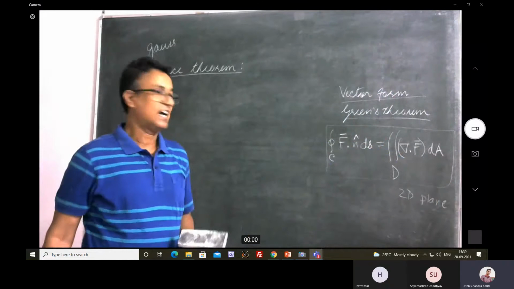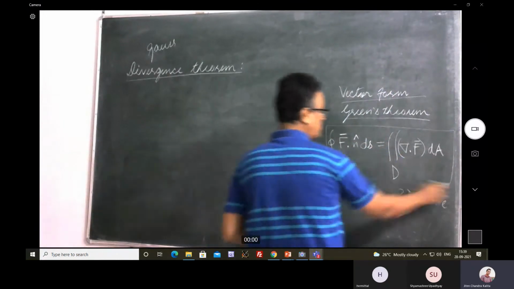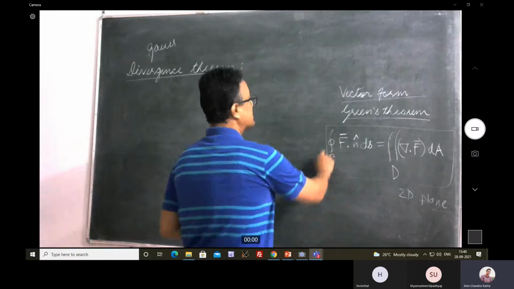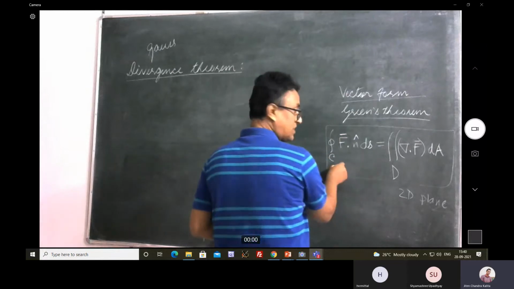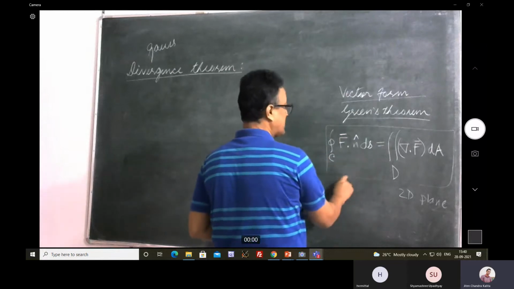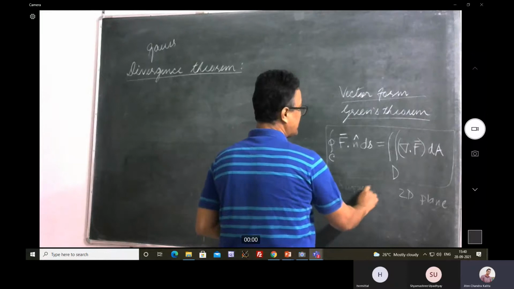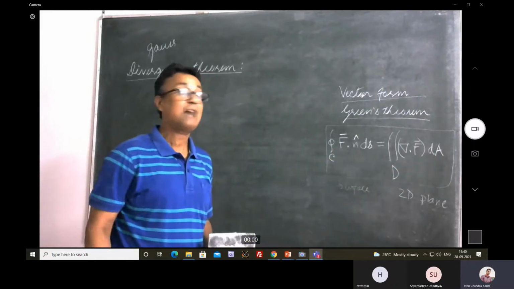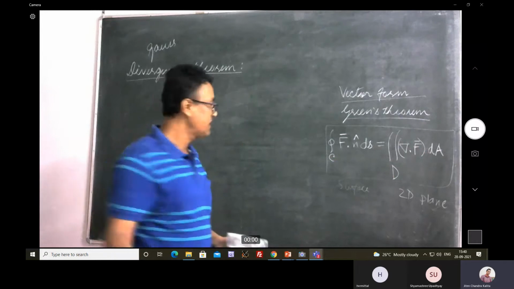So it makes sense that if you convert it into 3D space, what is it going to become? This line integral is going to be a double integral, that is a surface integral, and the surface integral is going to be some kind of triple integral. This is just an intuition.